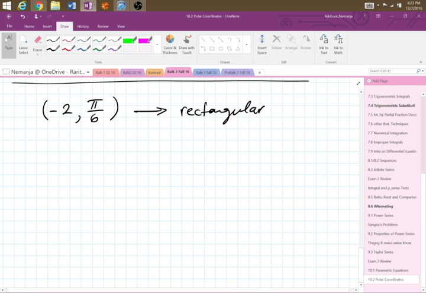Instead of using theta, you just use pi over 6. That's negative 3 times 3. R sin theta. You have to make sure you know the right move. Negative 3.